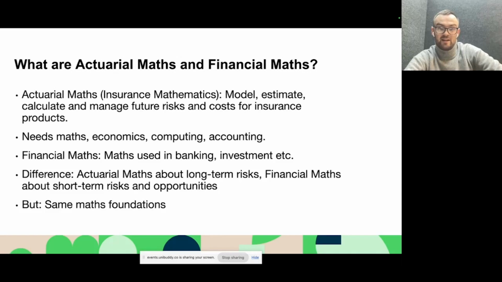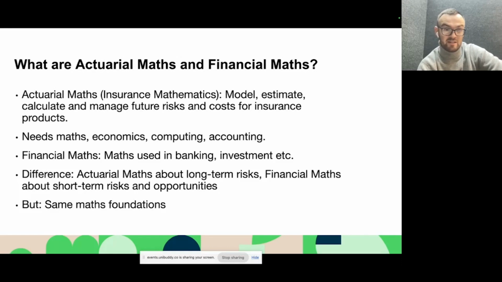The difference here can be described as actuarial being long-term. Often we're predicting 30 years into the future. Some people ask, what's the difference between actuary and accounting? Maybe the answer is that accounting is understanding what happened in the past and being able to explain why, the expected versus the actual of what happened.